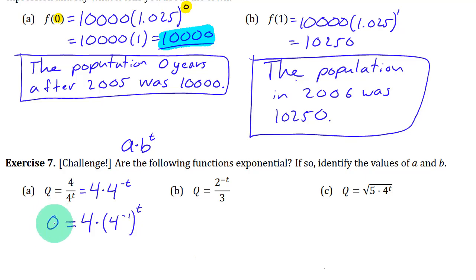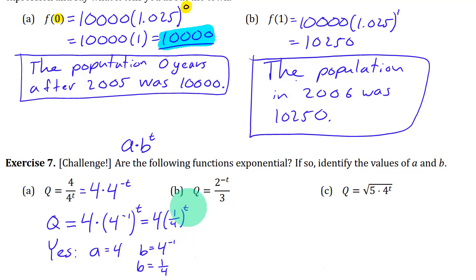So this one is, the a is 4, and the b is 4 to the negative 1, also known as 1/4. You could also write this as 4 times 1/4 to the power t.